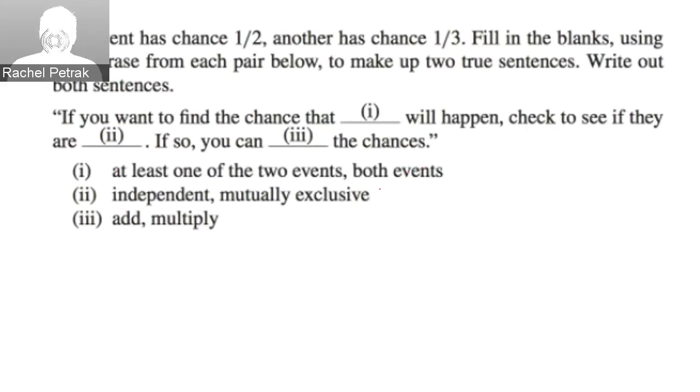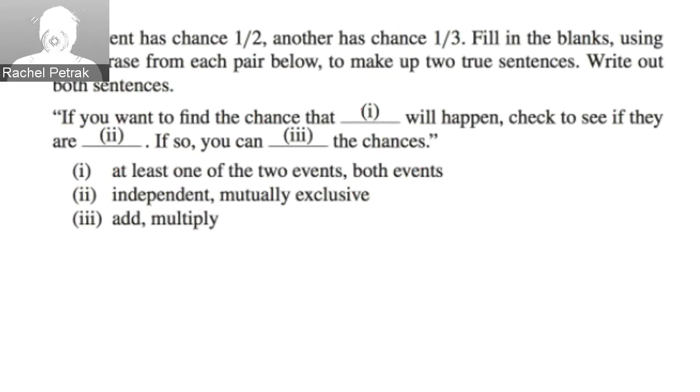So we need to make 2 true sentences here. This is a little bit of a logic problem. So let's start out with just choosing, we'll say, if you want to find the chance that at least one of 2 events will happen, check to see.